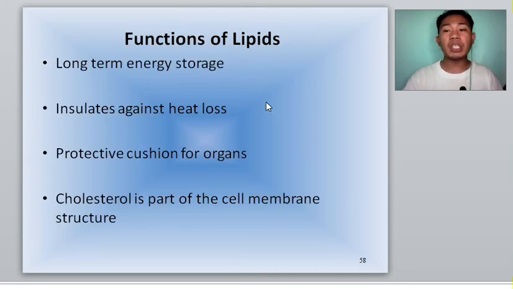What are the functions of lipids? These are long-term energy storage. That is why lipids are usually accumulated in our adipose tissue, or the fat tissue in our body. Also, lipids are very important in insulation against heat loss and as protective cushions for organs so that our organs will not experience trauma.